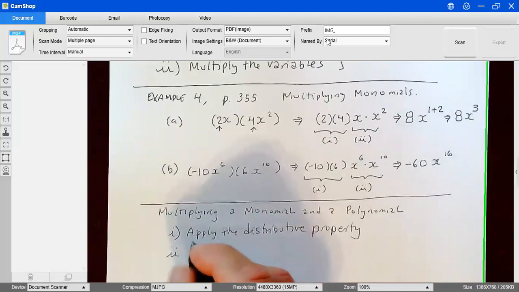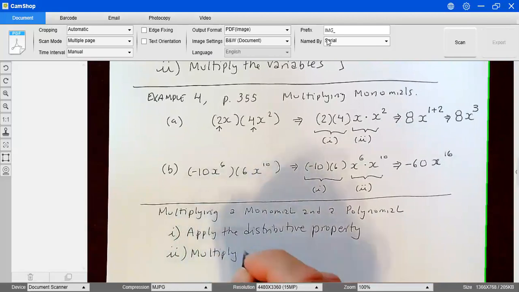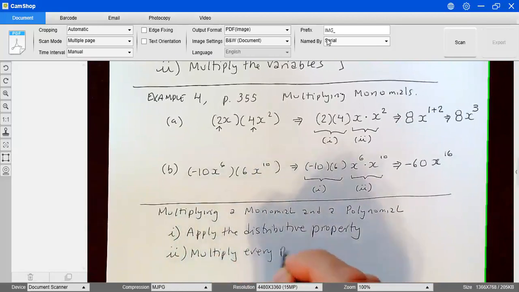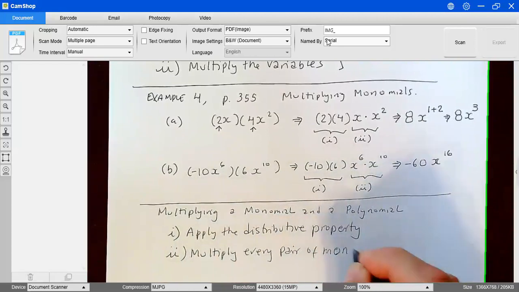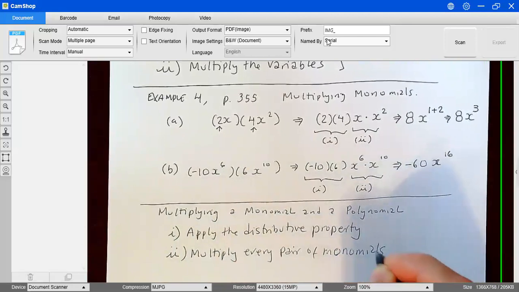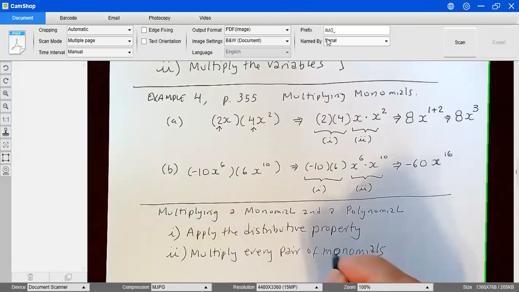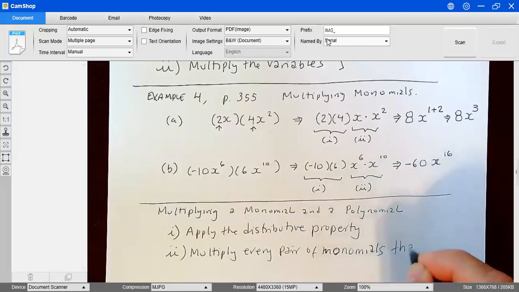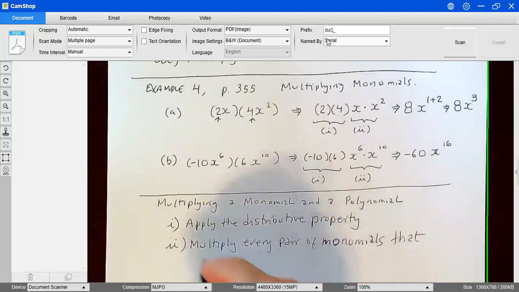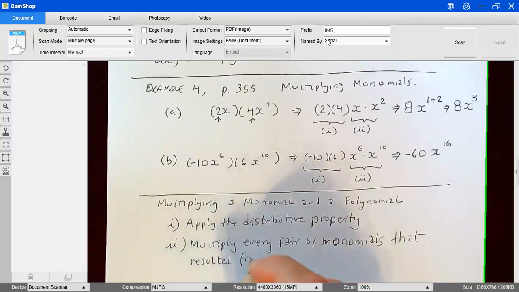So you're going to multiply every pair of monomials that resulted from the previous step.